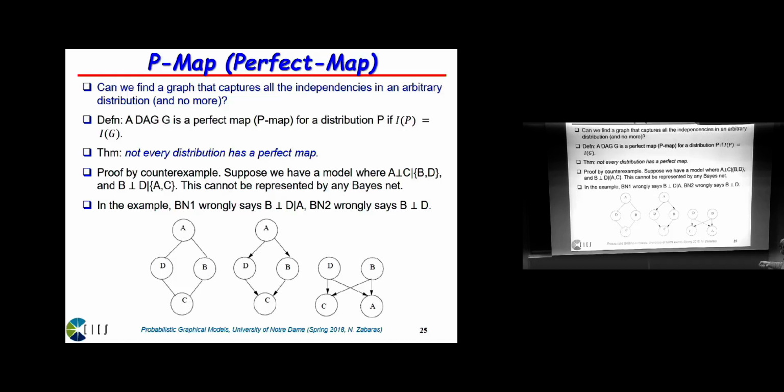If you're given A and C and you want to go to D, the 2 paths are also blocked. So these are the relations. And you're asking, can I find a directed graph that actually satisfies these 2 relations, this and this? Here are 2 examples. This example satisfies these 2 relations. What do you think?